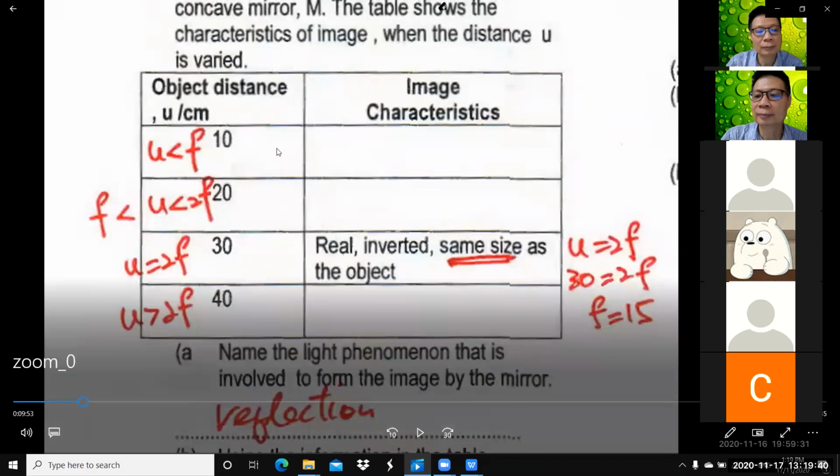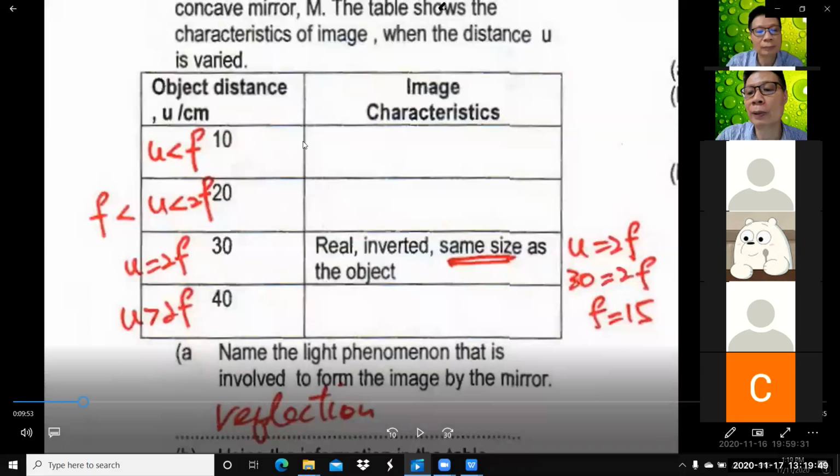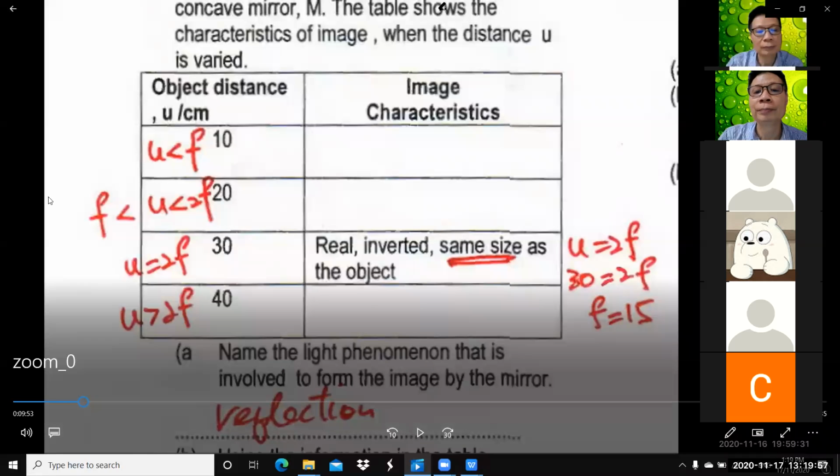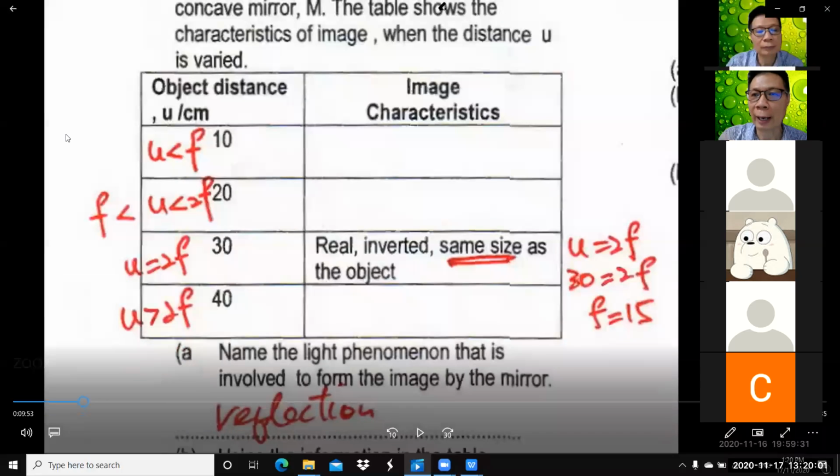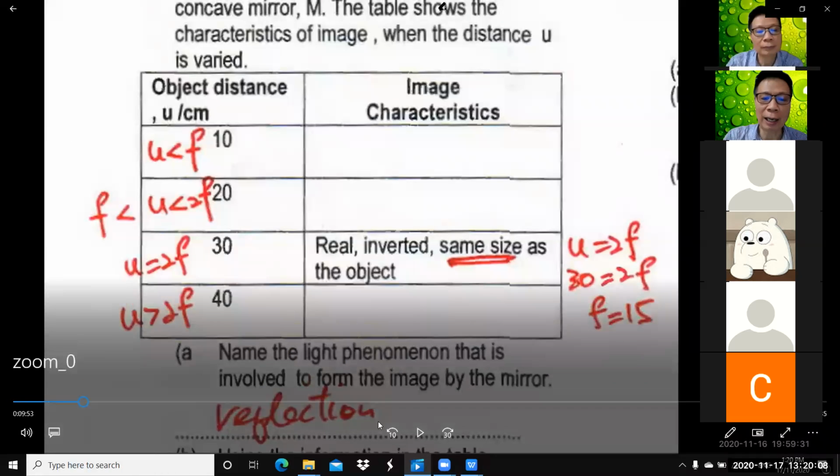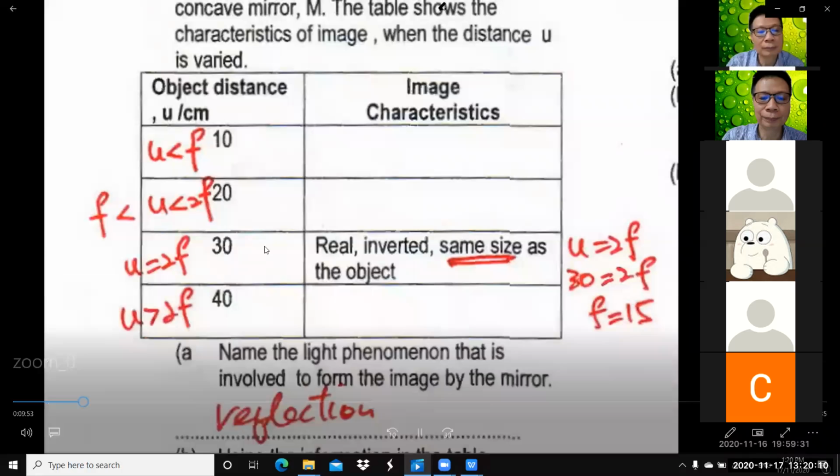By reflection. Yes, correct. Then what about lens, like concave lens, convex lens? Refraction. Yes, correct. Thank you very much. So remember that, mirror reflect, R-E-F-L-E-C-T. Lens refract, R-E-F-R-A-C-T. Different.